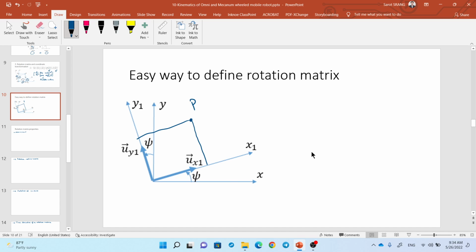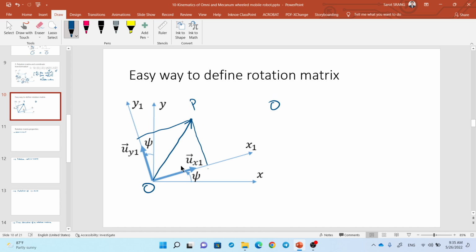So let's say you have a point P here, then you can have coordinate H1, Y1, and so the vector from O to the point P has coordinate on the global frame, HP, YP. I say vector first.